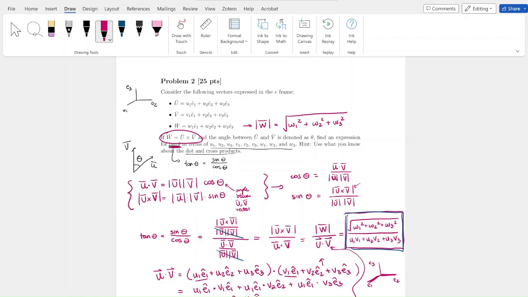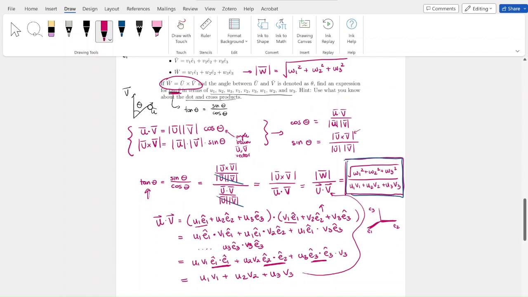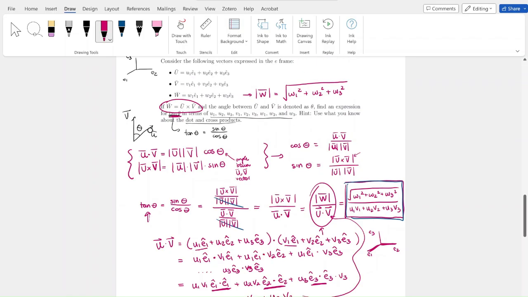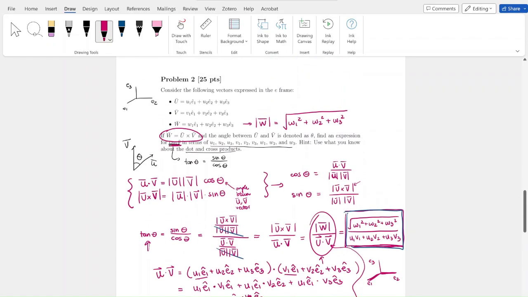We're able to apply our rules about dot products and cross products, then simplify, plug these into tan theta, simplify, and get into this form where you have the vectors u, v, and w in the expression. Then we simplify it into our components using what we know about magnitude and dot products, and we end up with this expression. So that's this second problem.